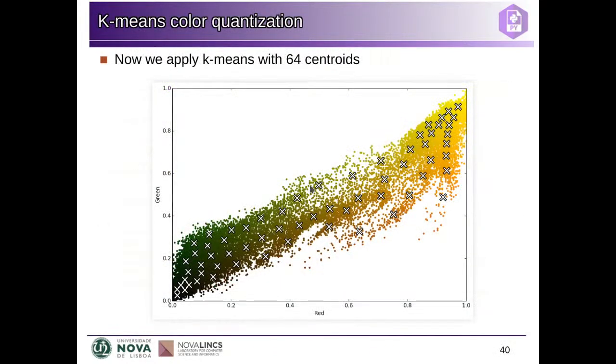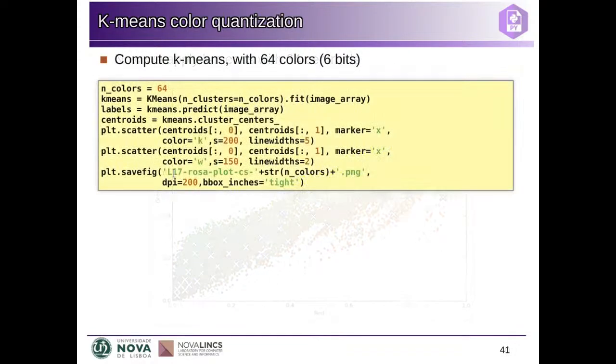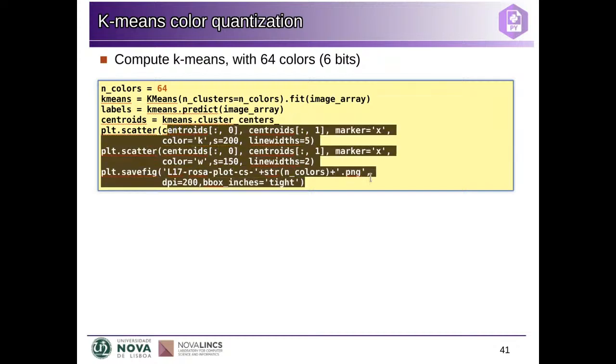So this is what I am representing here, and these are the positions of the centroids, which I can do by plotting all the centroids of the clustering after the fitting is done. So after I run fit, the k-means object will have computed the positions of all the centroids, and now I can get those positions from these cluster centers, and I plot them here on the graph.